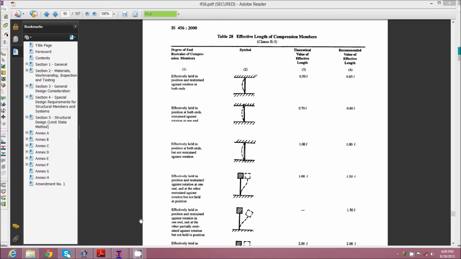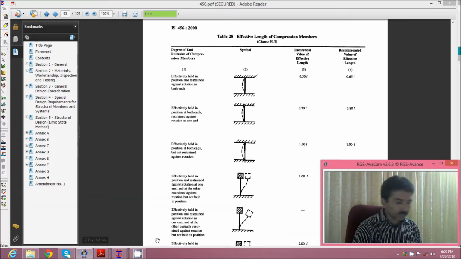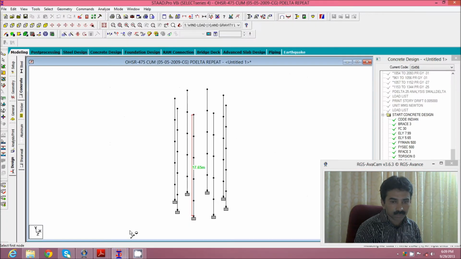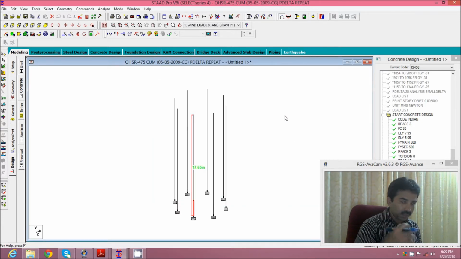It will be 1.2, the effective length factor, that is K factor, divided by the lateral dimension what we are going to consider. That means this lateral dimension for this particular column we are having 450 by 750, and in the direction where we are considering the lateral dimension, it will be 750.